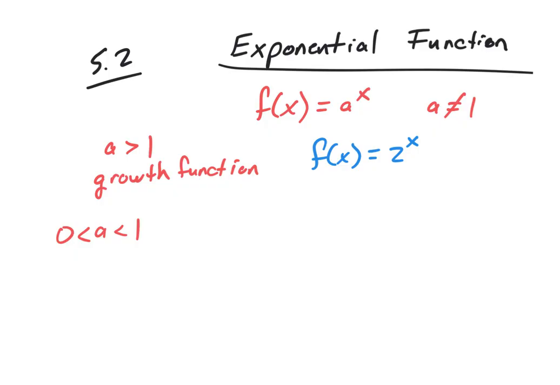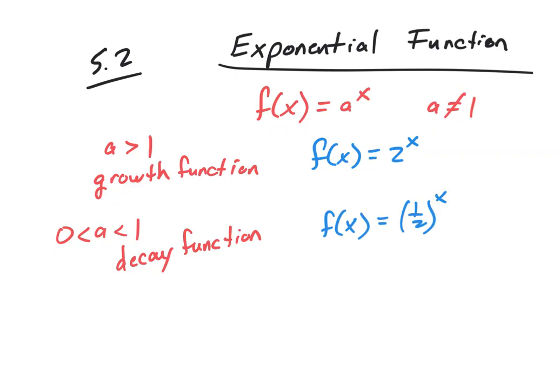So now we're looking at numbers like a half, a third, a fourth, some kind of fraction between 0 and 1. Then we call this a decay function. In this case, it would be f of x equals 1/2 to the x, as an example.